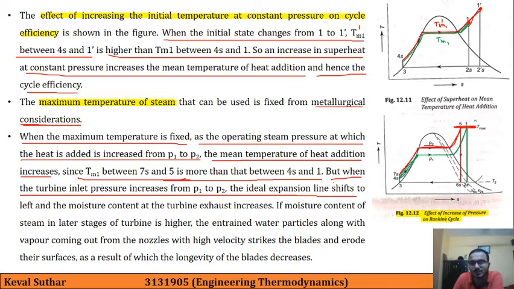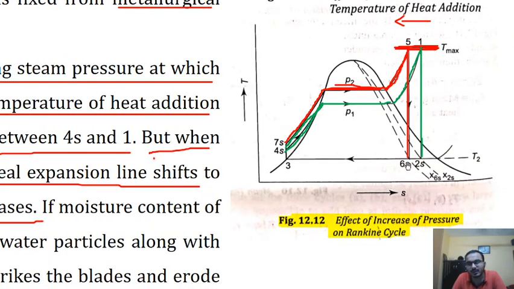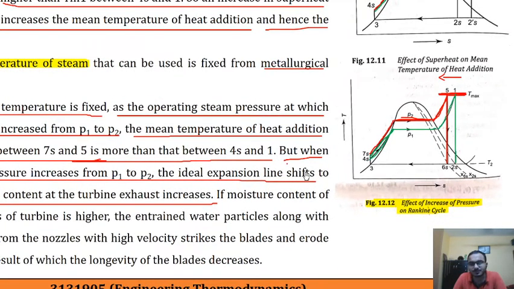As you can see, there is a shift of the expansion process towards the left, and the moisture content at the turbine exhaust increases. Why? Because the moisture content at 6s is more than at 2s, because now we are slightly inside the wet region, that is the liquid plus vapor region.